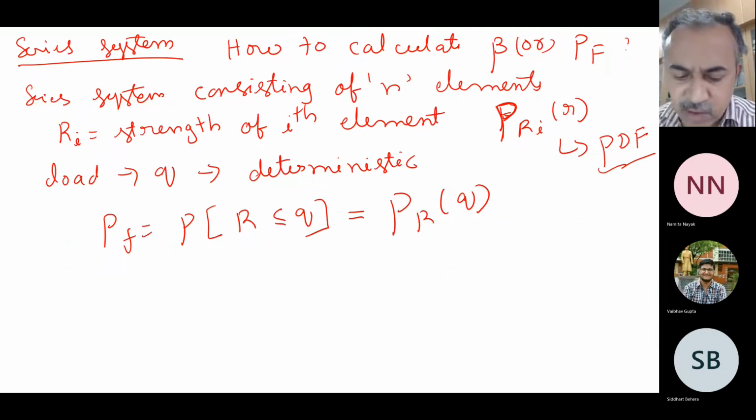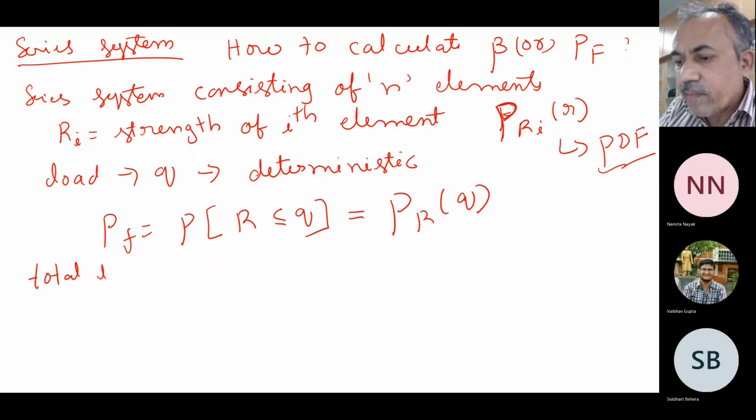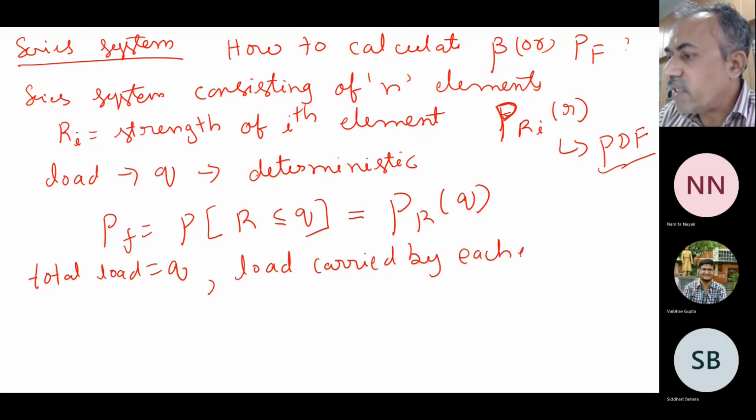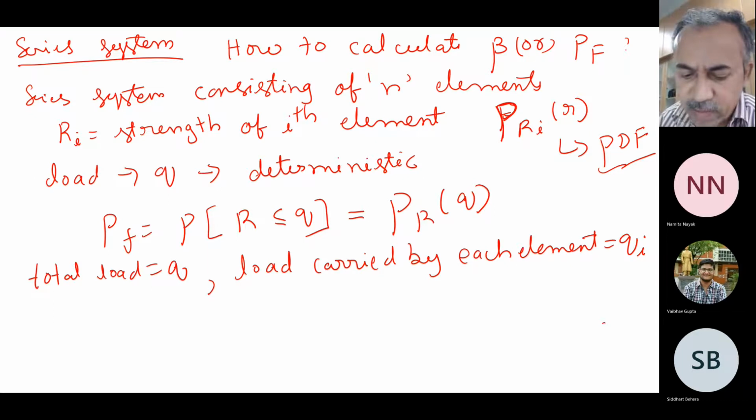So the total load is P, and the load carried by each element, let us say I will call this Qi. This is the load carried by this element itself.